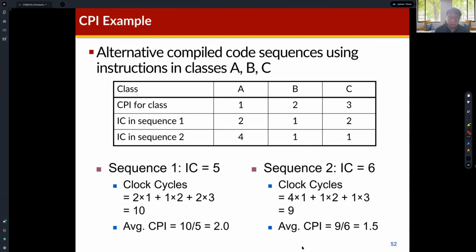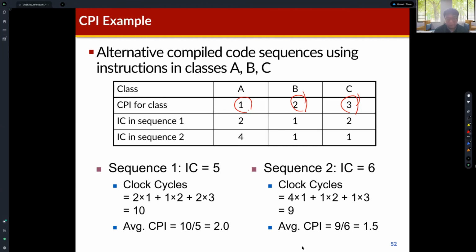So this is instruction class A, class B, and class C. The CPI for each class is shown as 1, 2, 3. So the CPI for class A is 1, the CPI for class B instruction is 2, and the CPI for class C instruction is 3.